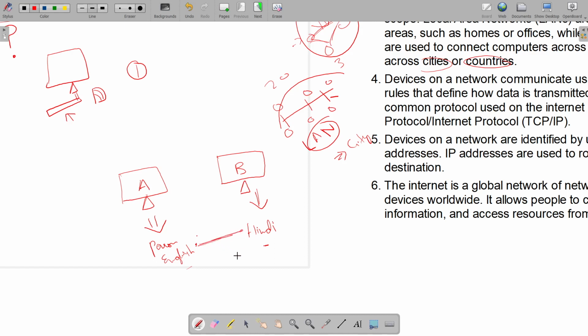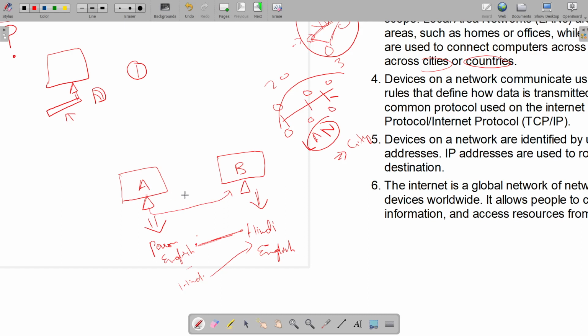So what we can say is we have to make it a rule before connecting. Okay, what will be the rule? Both should understand each other, right? Either he should understand Hindi and make the connection possible, or he should understand English. So it's actually a rule. Okay, for example, now when a device is communicating to another device, there should be some rules.